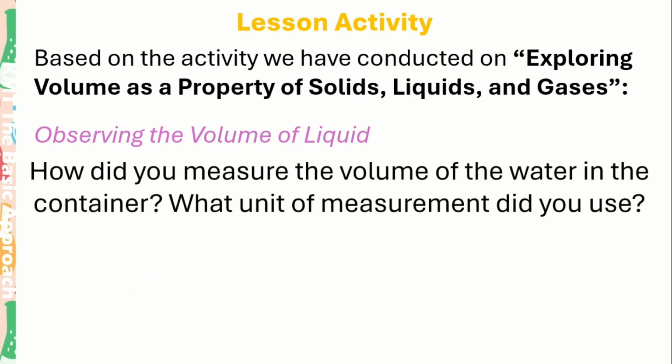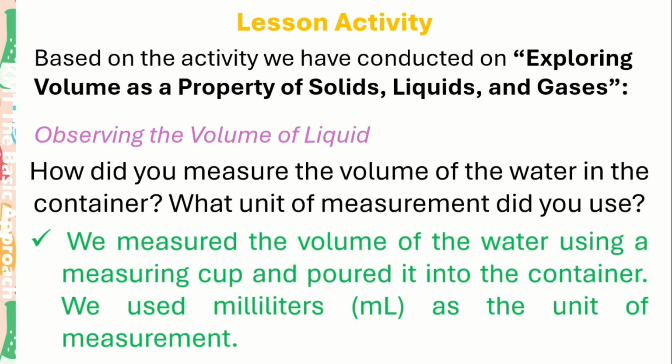How did you measure the volume of the water in the container? What unit of measurement did you use? Correct! We measured the volume of the water using a measuring cup and poured it into the container. We used milliliters as the unit of measurement.